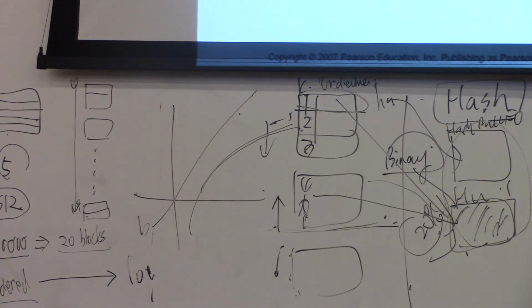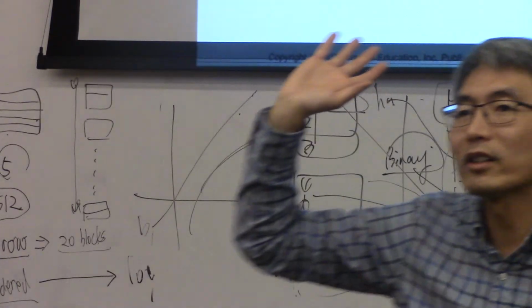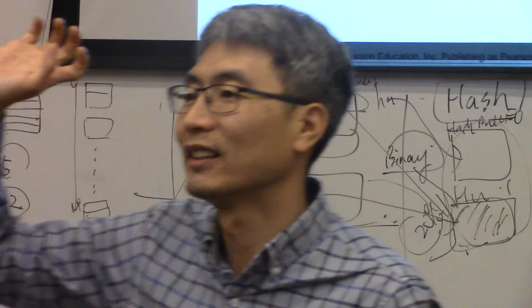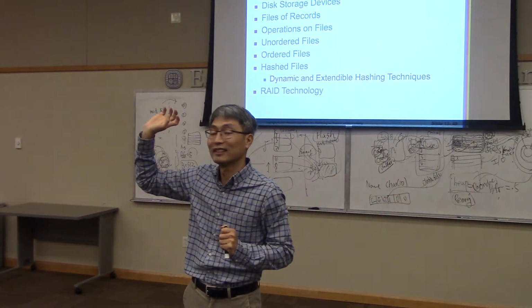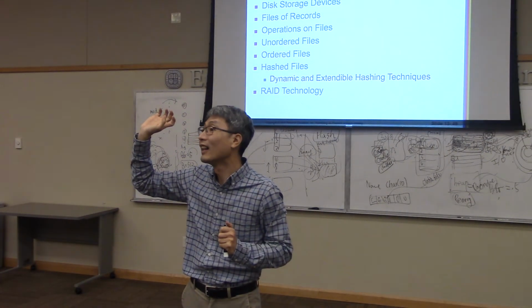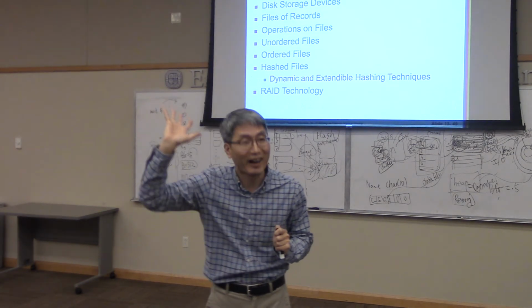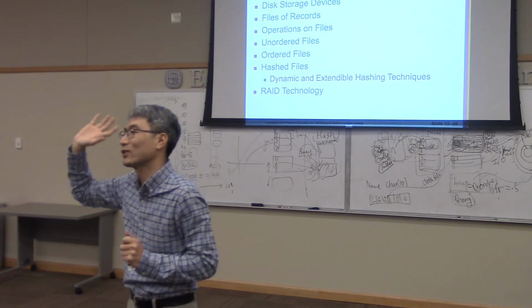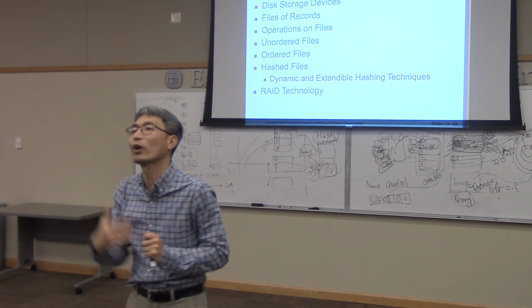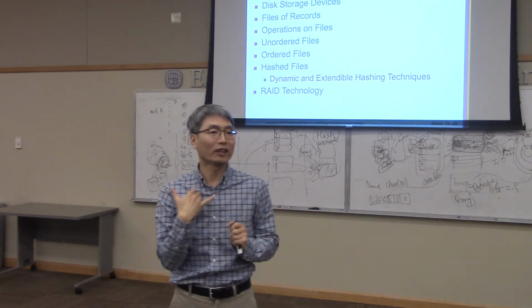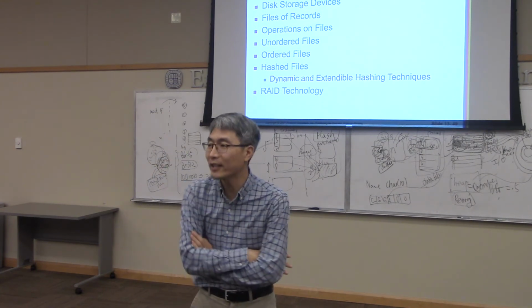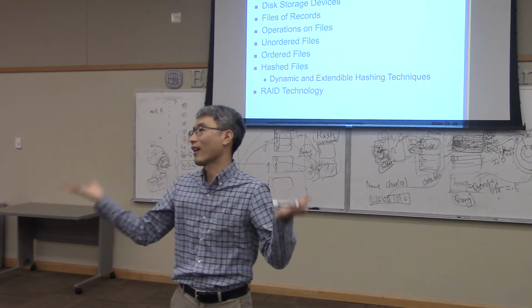Have you ever heard about the B+ tree or B tree index? What is a B tree index? Binary? Forget about the binary tree. Nobody uses a binary tree in the database. When we are talking about the B tree index or B+ tree in database, it's a balanced tree.